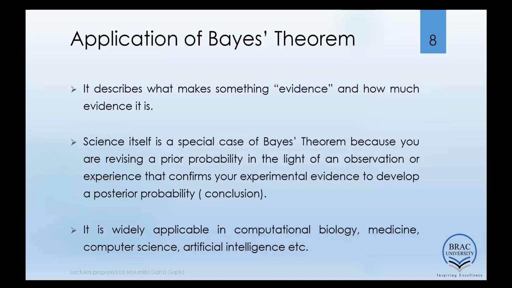Science is a special case of Bayes theorem because in science, you are revising a prior probability in the light of an observation or experience that confirms your experimental evidence to develop a posterior probability, and finally you can make a conclusion. It is widely applicable in computational biology, medicine, computer science, artificial intelligence, and so on.